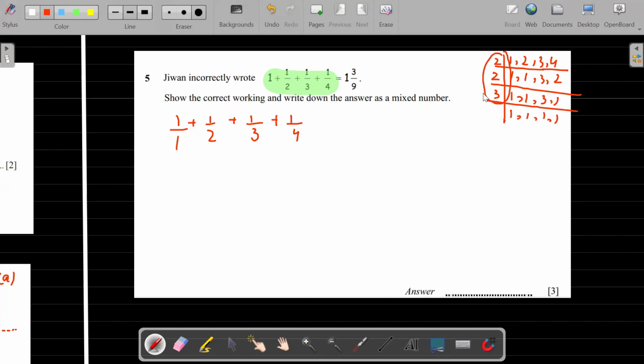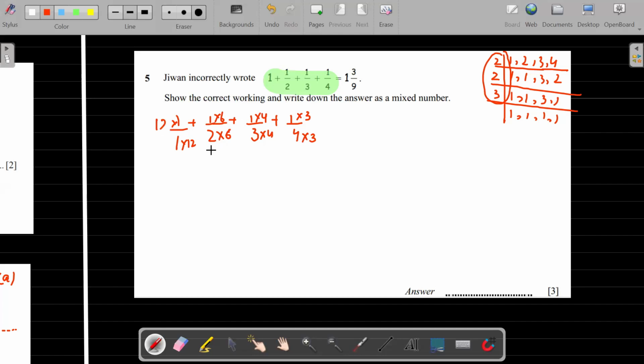So 3 twos are 6, 6 twos are 12. I need to make their denominator as 12. So how can I make this 12? 4 times 3 will be 12. Then same, I will multiply this with 3. 3 times 4 is 12. So I will multiply the numerator with 4. 6 times 2 is 12. So same numerator will be multiplied with 12. 12 times 1 is 12. I'm not able to see this correctly.